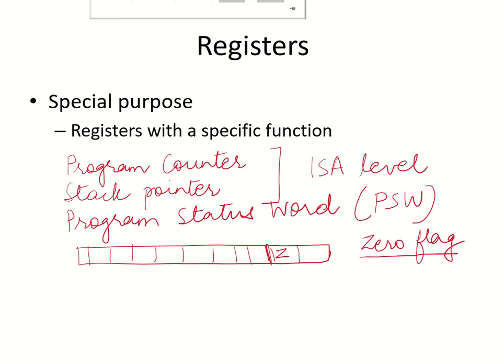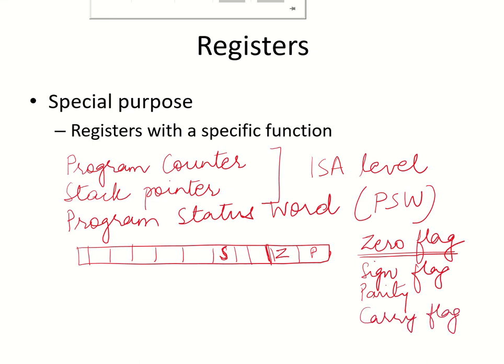This 0 flag will go high whenever the result of the previous operation resulted in a 0. So if any operation which took place just before this instruction resulted in a 0, this flag will be set. Similarly, I can have a sign flag, and a bit can be designated for this sign flag. I could have a parity flag, a negative flag, and there are auxiliary carry flags, carry flags.